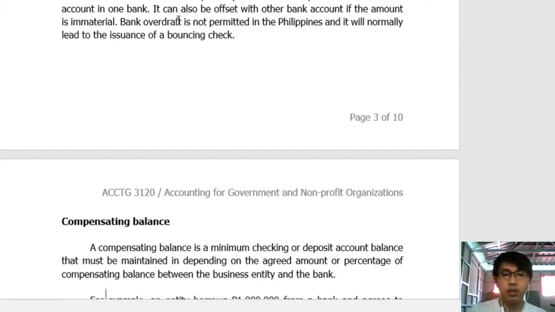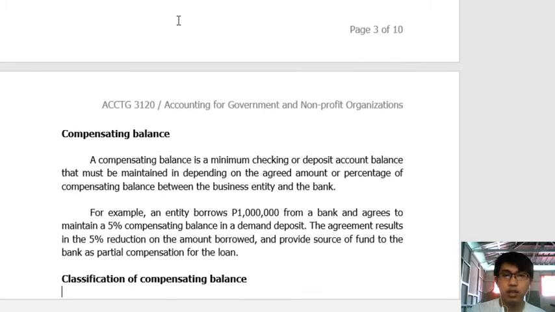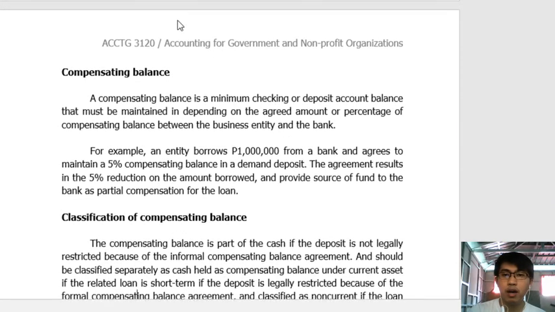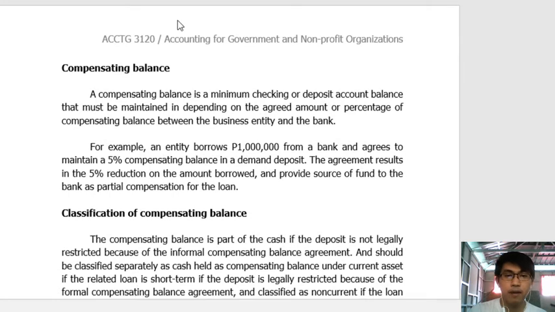So now let's go with compensating balance. Ito yung tinutukoy ko kanina when we were discussing the cash in bank. So a compensating balance is a minimum checking or deposit account balance. So ito yung maintaining balance, na usually ay ginagamit yung term na maintaining balance. So maintaining balance is the amount which is agreed by the business entity and the bank.